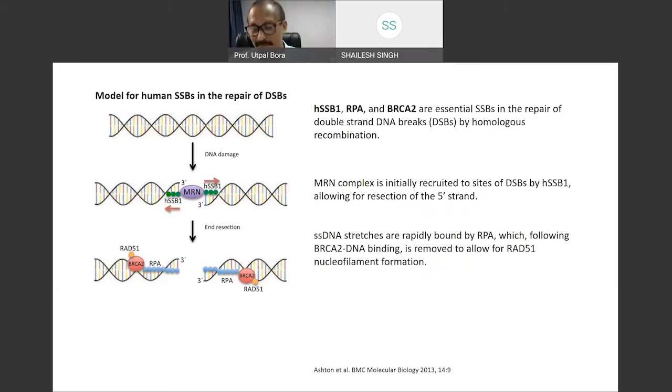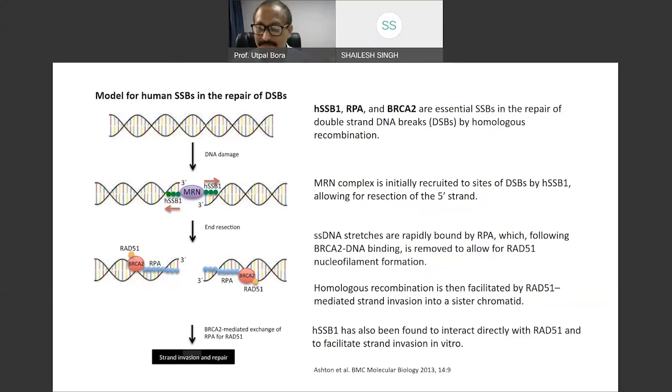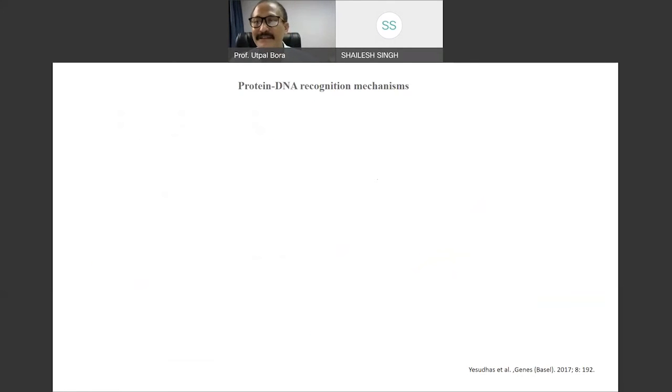The same thing you can look at from a different context. Since we are discussing nucleic acid binding proteins, the role of single-strand nucleic acid binding proteins is very, very important in some of the fundamental processes of the cell. hSSB1 has also been found to interact directly with RAD51 and to facilitate strand invasion in vitro. This is additional information for all of you to remember.